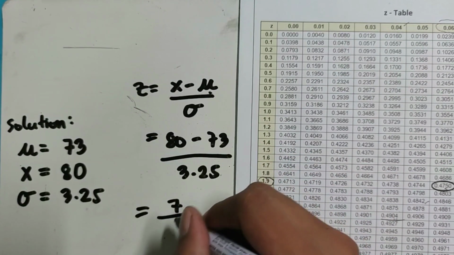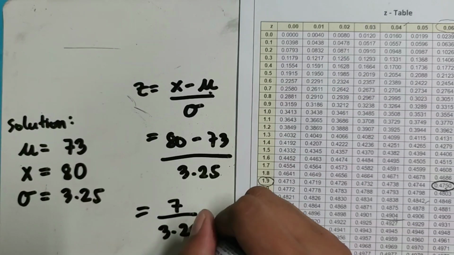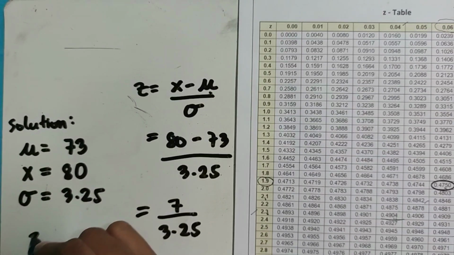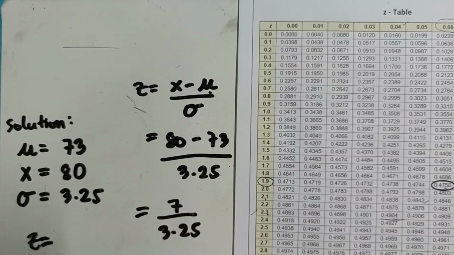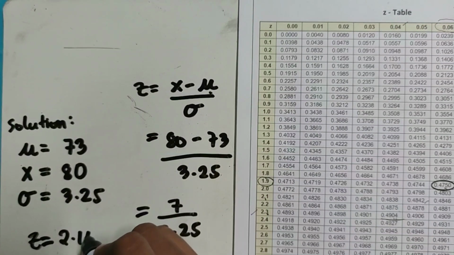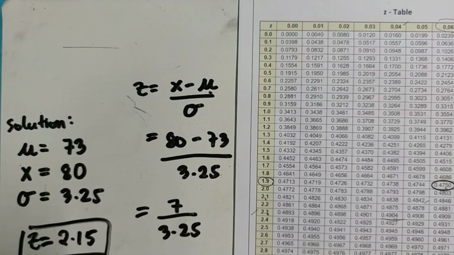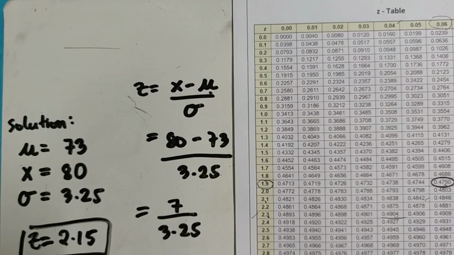And 7 over 3.25, so 7 divided by 3.25, so our Z is equal to 2.15. So this is now our Z. So our Z is 2.15.